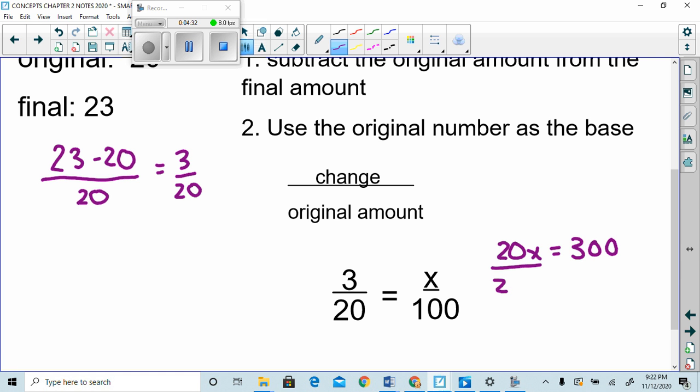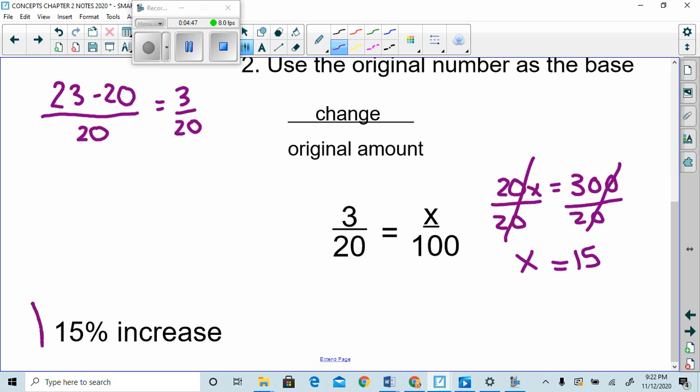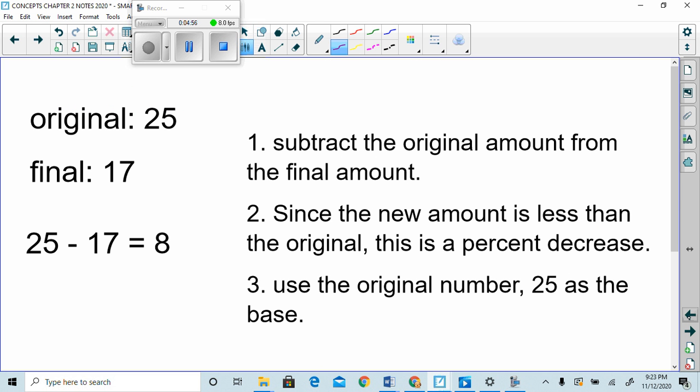We'll divide by 20, and we get x is equal to, now I can cross out a 0 there, and I divide 30 by 2, and I get 15. But I can't write 15. I have to write 15%, and it's an increase. Okay, so that's one problem.